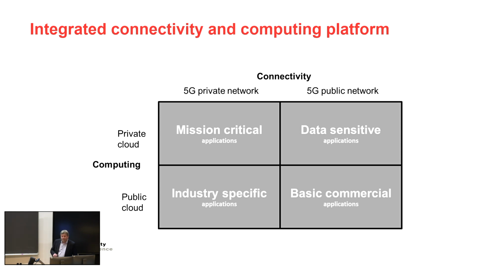Then if you go to the upper right corner, you might have very data sensitive applications, like I would assume in hospitals, where very sensitive data is treated. You don't want any public cloud for that, but basically you can run the connectivity on a commercial 5G network. And then the basic commercial applications, of which quite many are in use, you can run from the public cloud and public network.